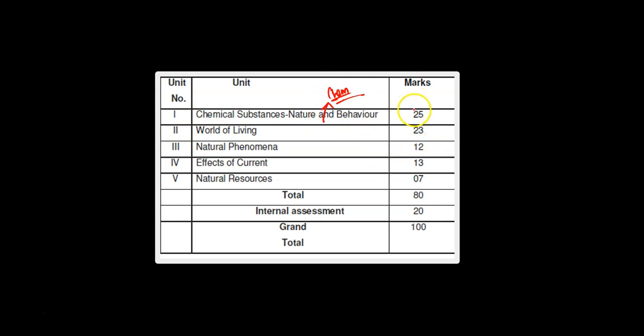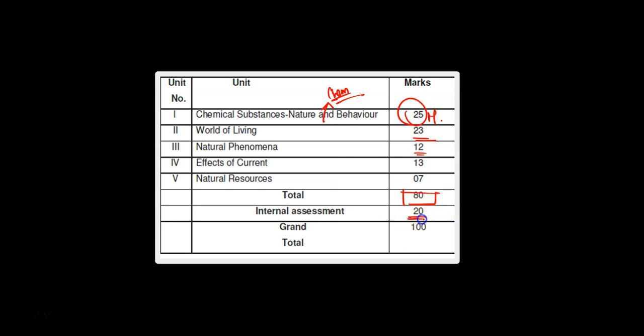Chemistry in your science paper carries 25 marks. The world of living carries 23 marks and natural phenomena carries 12 marks. Effects of current and natural resources carry 13 and 7 marks respectively. And the total marks for which you are writing your theory exam is 80.